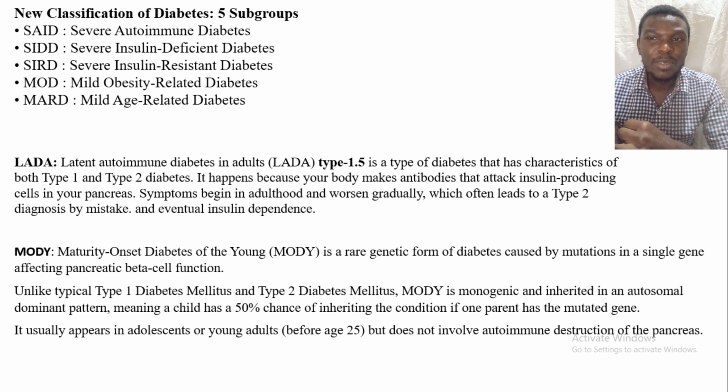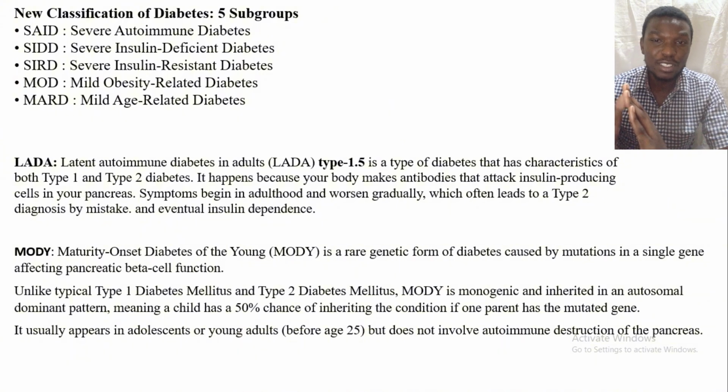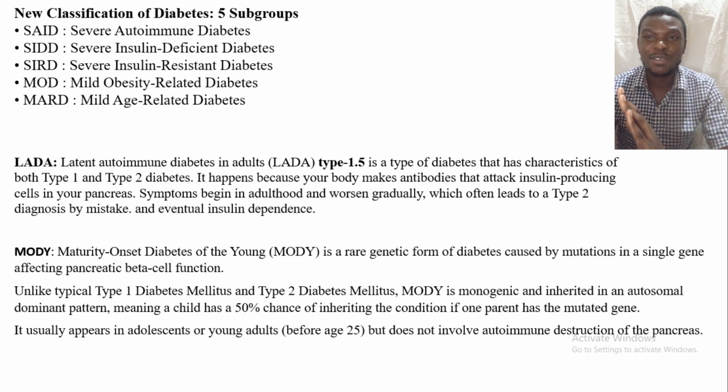Then you have got a middle age related diabetes. So there's more information that I will explain in another video specifically on these subgroups. But in this video, I'm just introducing these subgroups and other types of diabetes.